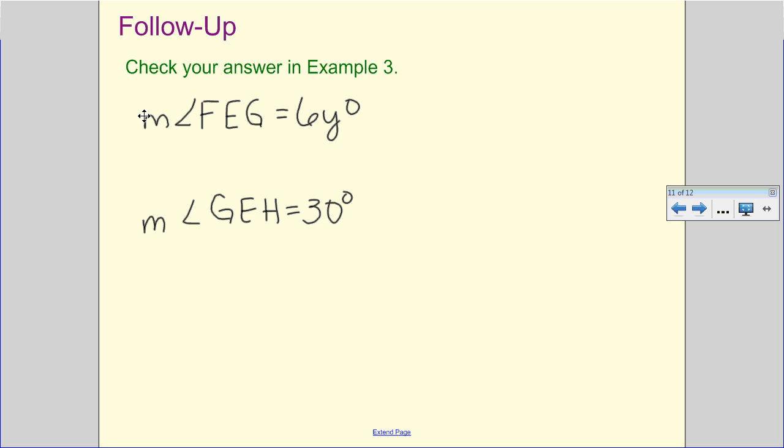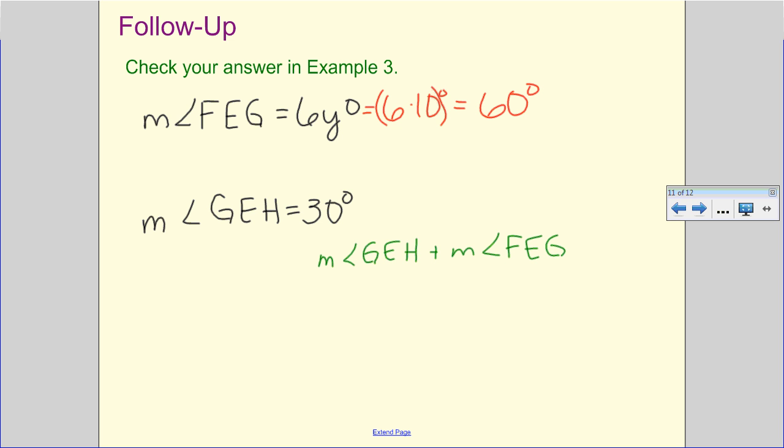So if I plug y in, I've got 6 times 10 degrees, which is 60 degrees. We know that the measure of angle GEH plus the measure of angle FEG is equal to 90 degrees. So 30 plus the 60 that we got when we plugged in 10 does equal 90. So that is a good check of an answer.